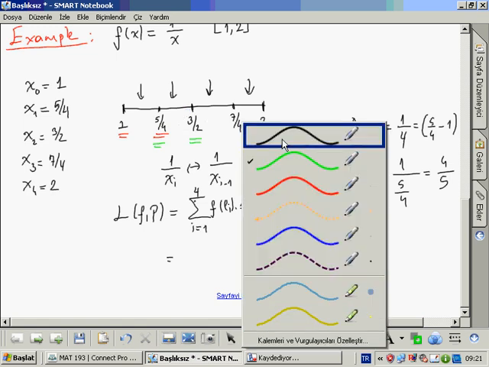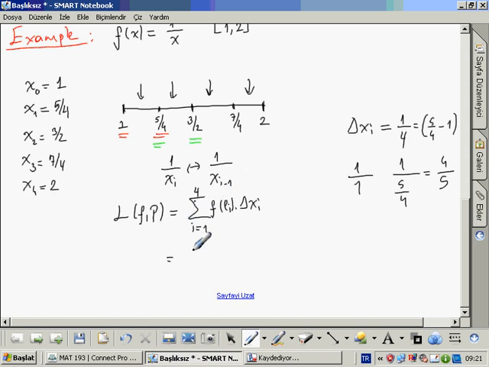So let me write the functions and extract it, okay, and what will it be?